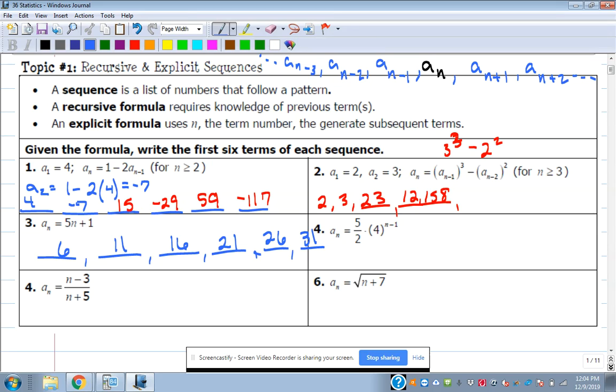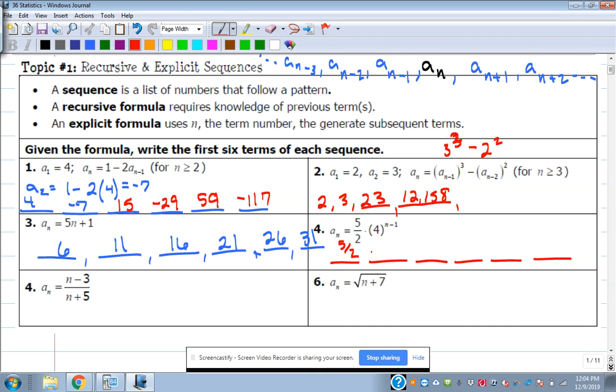Number 4 is also an explicit formula, even though the exponent has the n-1 thing. It looks kind of suspicious, but the thing is that n-1 is the exponent. So when we plug a 1 in to find our 6 terms, 1 minus 1 would be 0. 4 to the 0 power is 1. 1 times 5 over 2 is just 5 over 2.